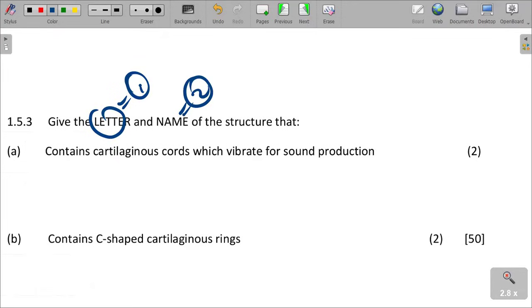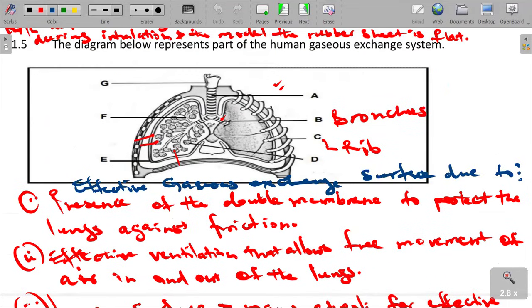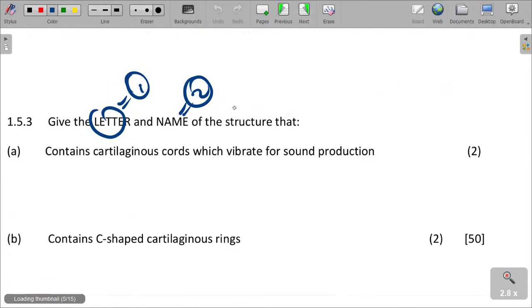Sound production is represented by the larynx. So we need to identify from the diagram which one is the larynx. We can see that this is G. G is the right answer, and it is the larynx.